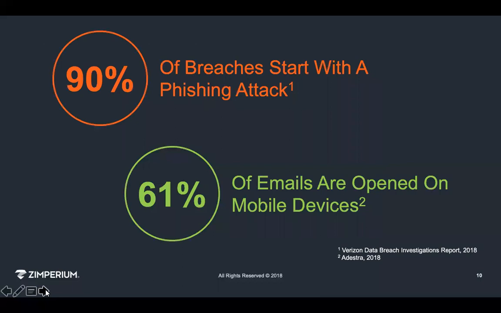And I mentioned phishing. 90% of breaches last year, according to Verizon and multiple other sources, started with a phishing attack. Well, 2/3 of emails are now read on mobile. And very importantly, we did a whole thing with Gigaom just a little while ago on phishing, another webinar you can go check out if you want. As I mentioned on this theme, even if you've done a great job and you've protected your corporate email against phishing attacks, what about the personal email?